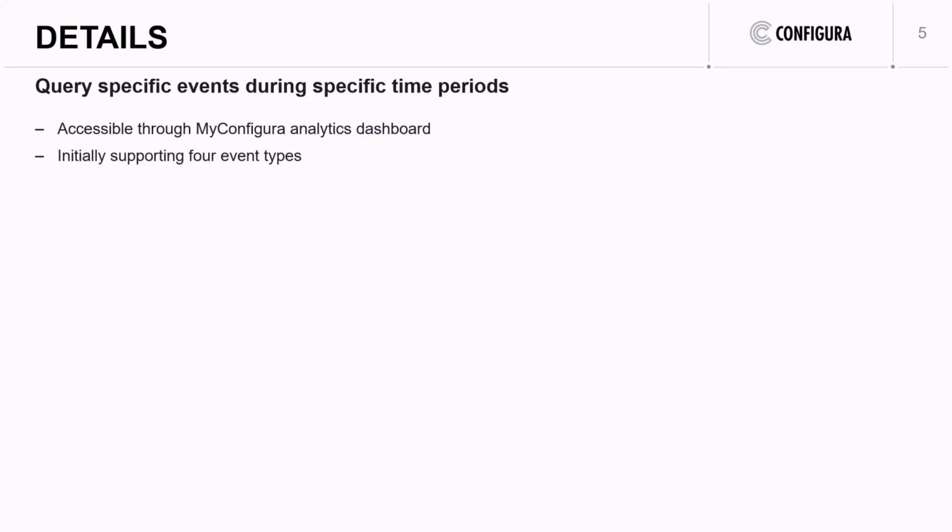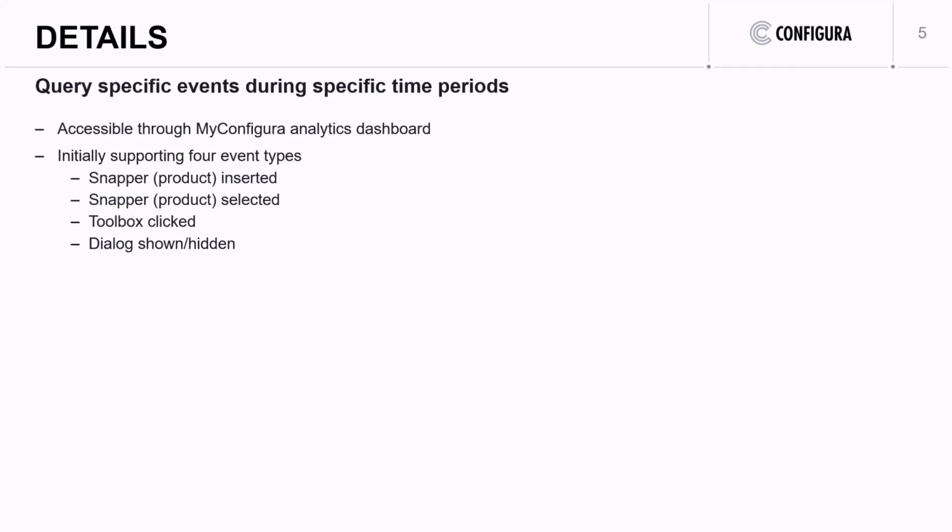Initially, you'll be able to see four different event types: snapper being inserted, assuming that your snapper is one-to-one with the product, snapper being selected, toolboxes being clicked, and dialogues being shown or hidden.